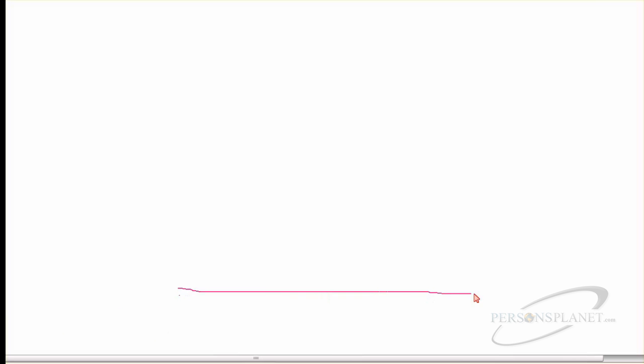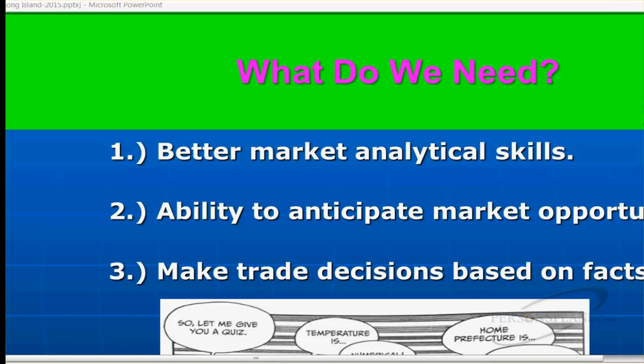And then again, I think everyone needs to make trade decisions based on facts. A lot of times, with the age of information, we're not really making trades based on facts. We're making trades based on opinions, based on the media, based on others' opinions. So that is kind of what we see happening.